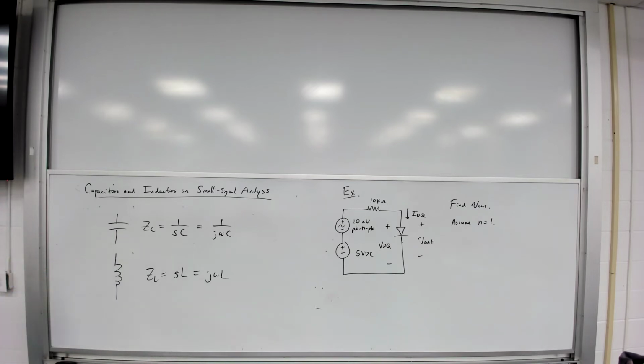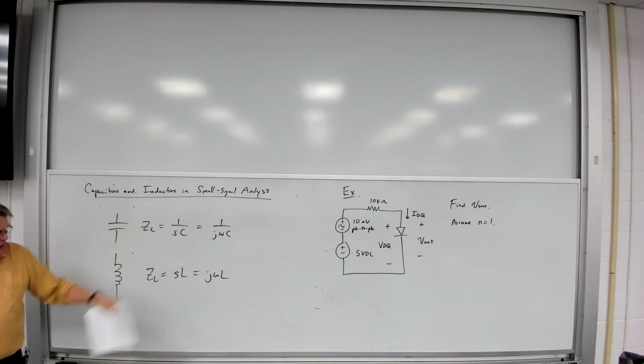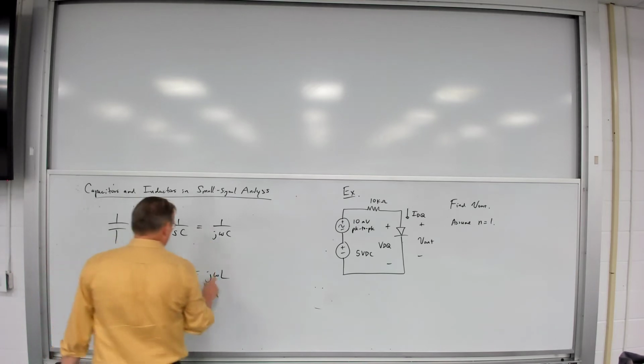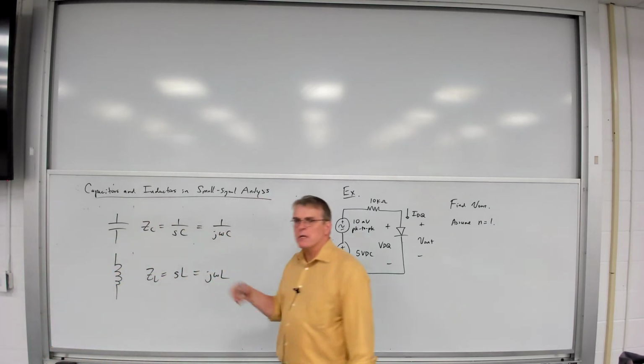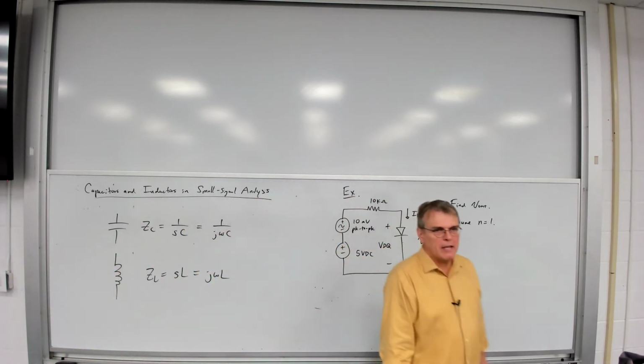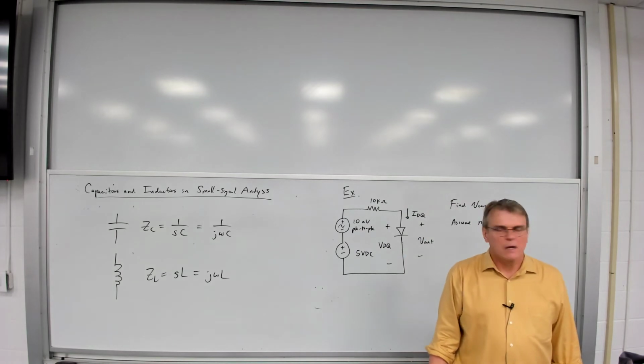But we saw this all before in circuits 1, where omega, of course, is the frequency of whatever sinusoid we were putting into the circuit when we're doing our analysis.